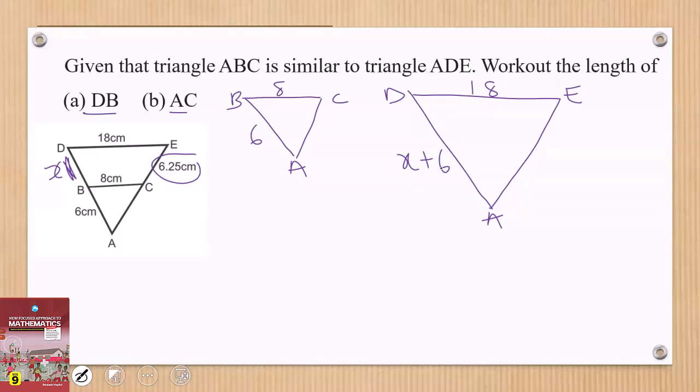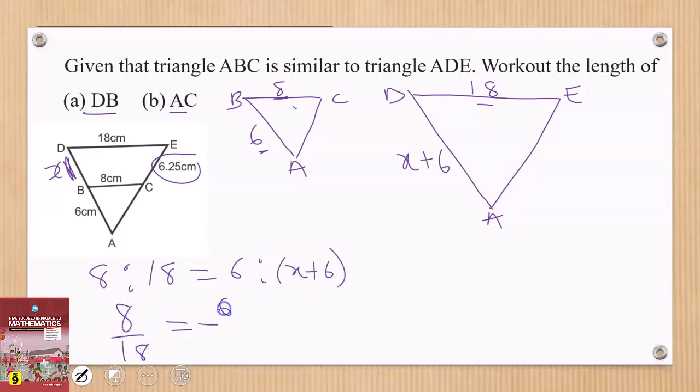Now if that is true, then we can write a simple equation by saying that if we have 8 is to 18, it should be equal to 6 also is to X plus 6. That's what it means. So we can say 8 over 18 is equal to 6 over X plus 6.